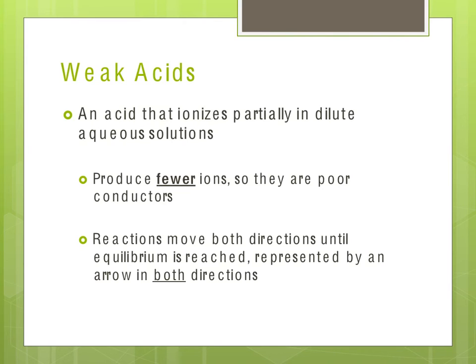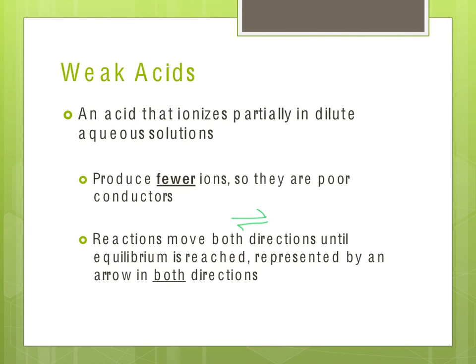And so some of those acetate ions are going to combine back with H+ ions and form the hydrogen acetate, and back and forth. So we represent that with an arrow in both directions, typically drawn like this, to show that sometimes the hydrogen ions are going to move this way and sometimes it's going to go this way, because it's going back and forth until equilibrium is reached. We call that a weak acid. It goes back and forth in both directions.